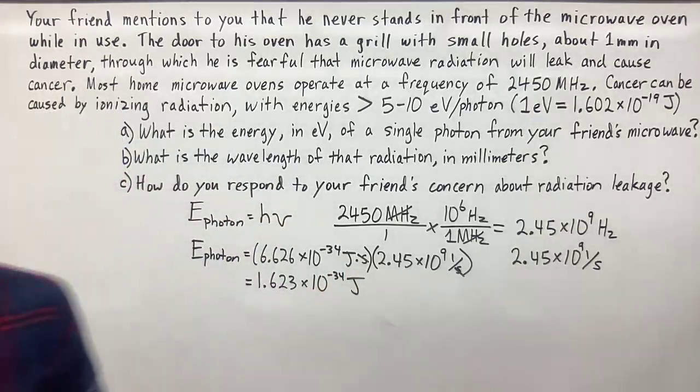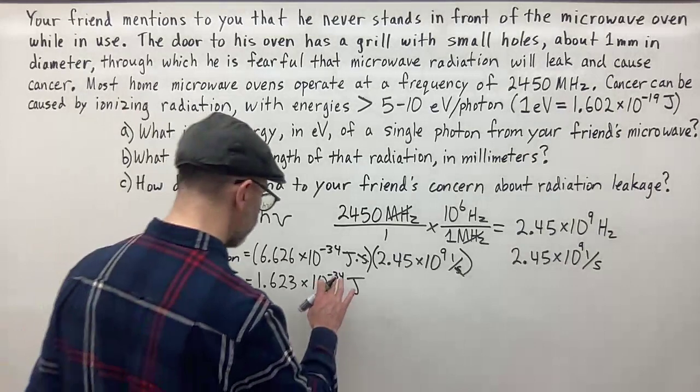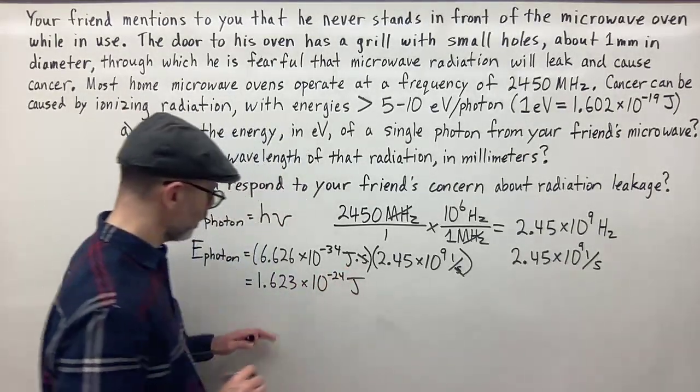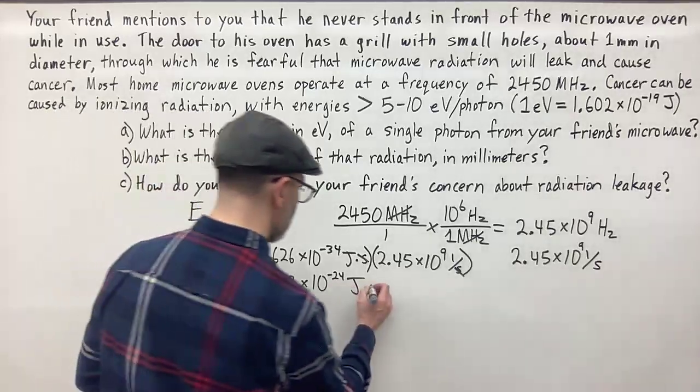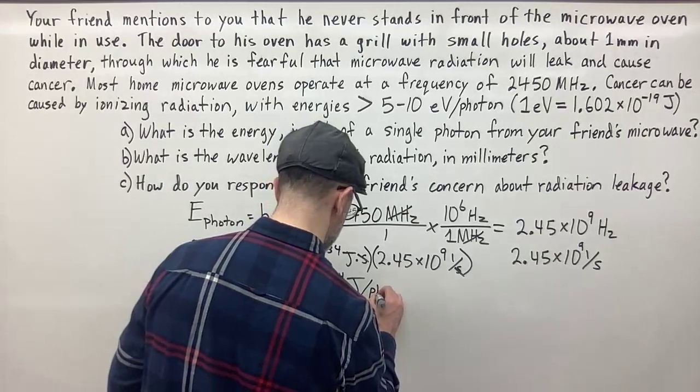Let me double check that exponent. Sorry, it's 24, not 34. Okay, so this is the amount of energy in joules per photon.